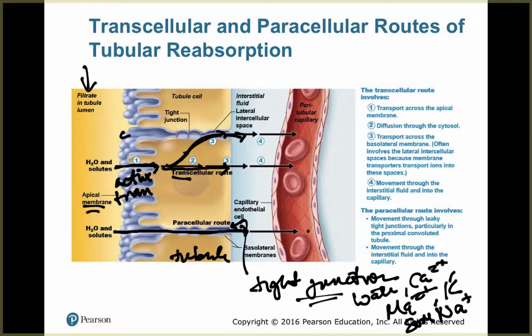Or they will move through what's known as the basolateral membrane, this side. And once they go through the basolateral membrane, then they'll diffuse and go in here. So those are the two types.